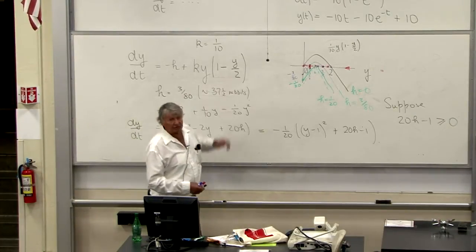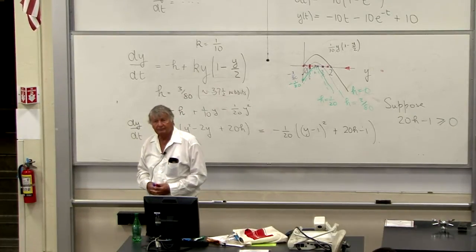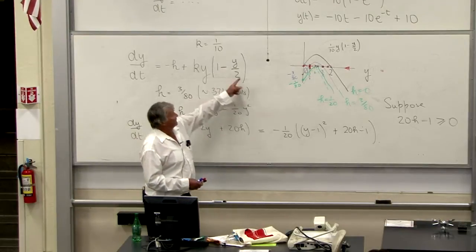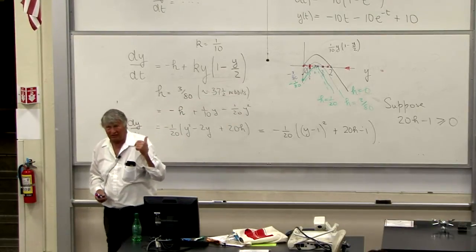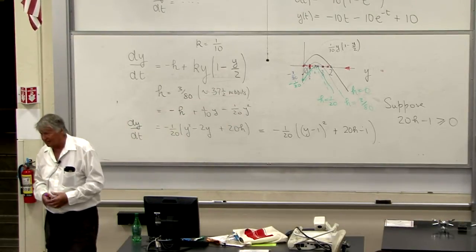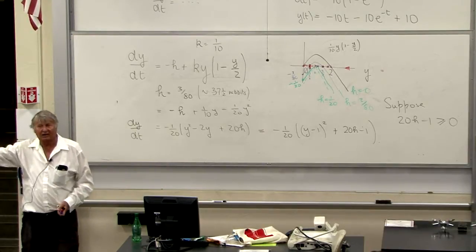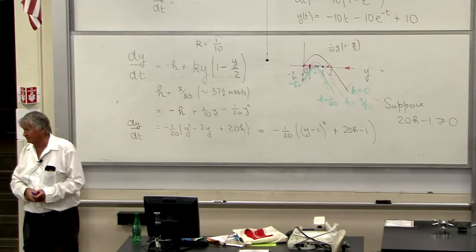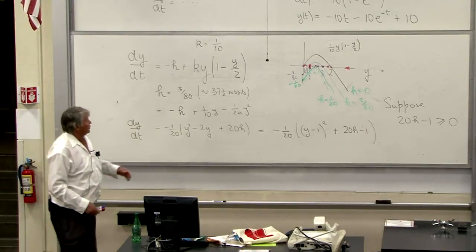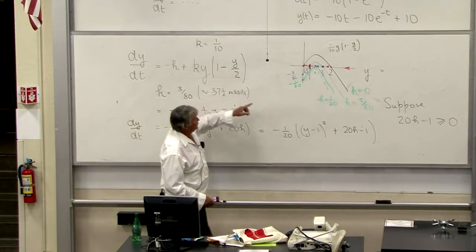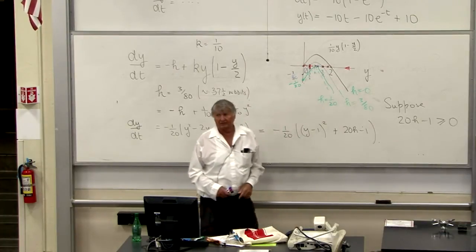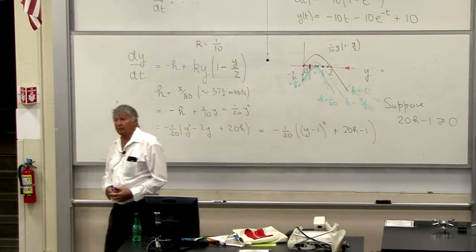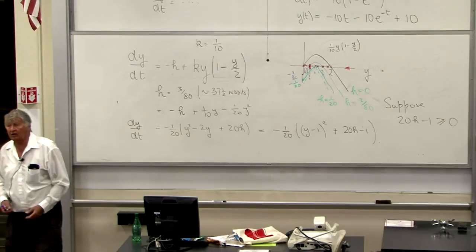But there's a natural saturation level. So you may be given this not as an expression, like simple y times 1 minus y, it may be given to you as a curve. This is an empirical curve that we've measured.